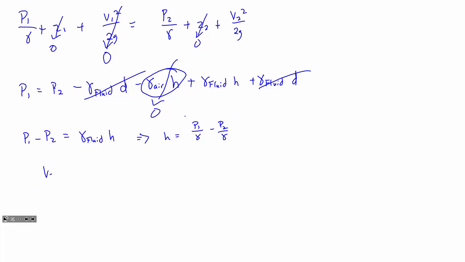And we can say that V2 squared over 2g is going to be equal to H. Okay? So for H, we're given the velocity as 2 meters per second in that pipe. And so H is going to be equal to 4 meters squared per second squared.